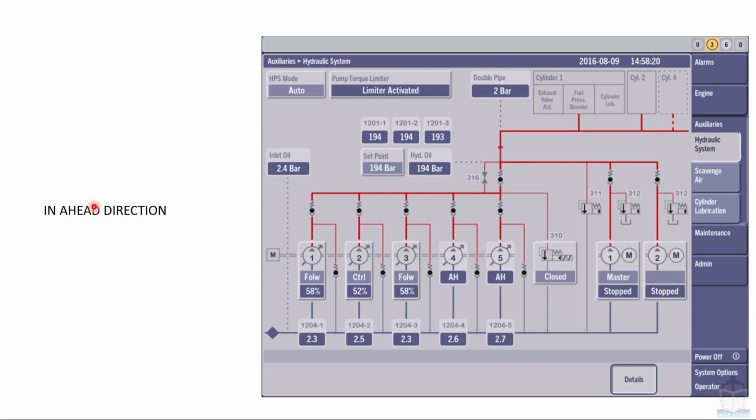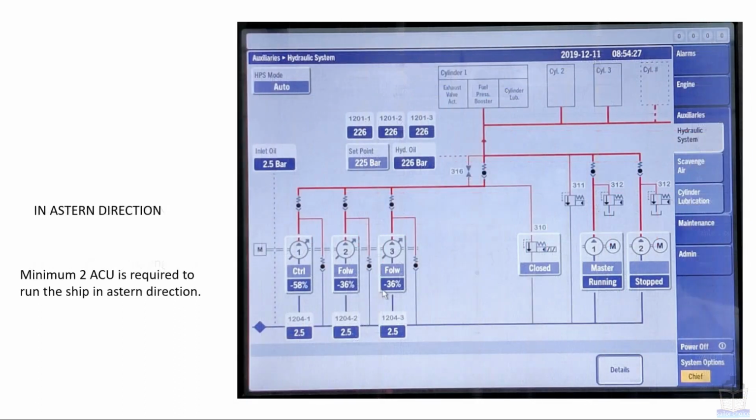So the conclusion is, in ahead direction, even if all SU are kaput the engine will run, because all will be shifted to maximum ahead direction, so there is no problem. But in case of astern direction, minimum 2 SU are required to run the ship astern.